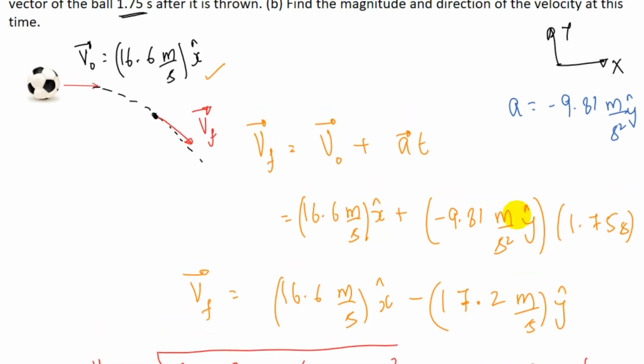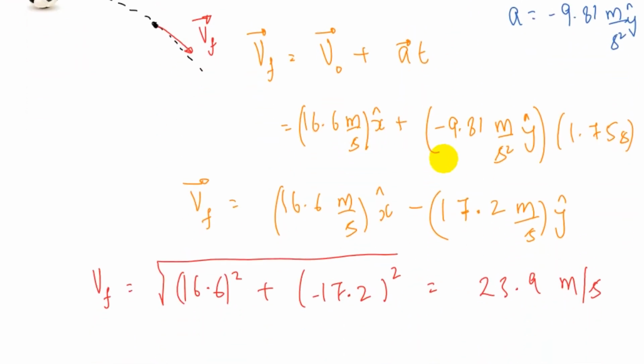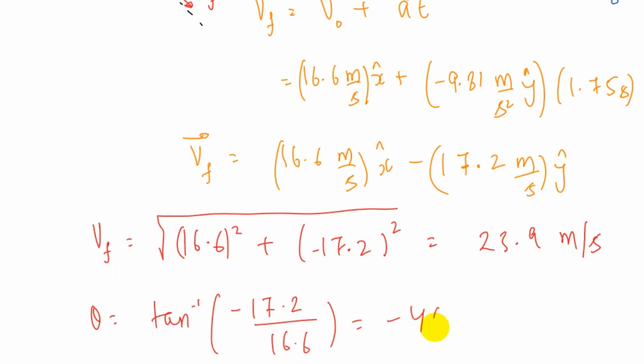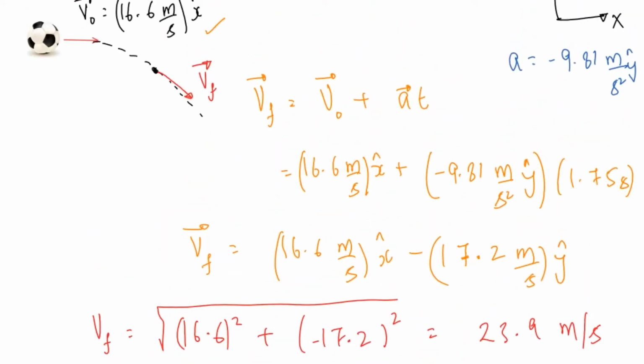Now one more thing we have to find is the direction, so theta. Theta will be tangent inverse of the y component over the x component. The y component we have is minus 17.2, the x component is 16.6, and on further solving we'll get this value to be minus 46.0 degrees. Now let me represent this on the diagram.